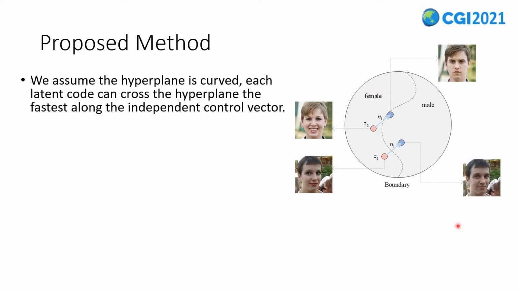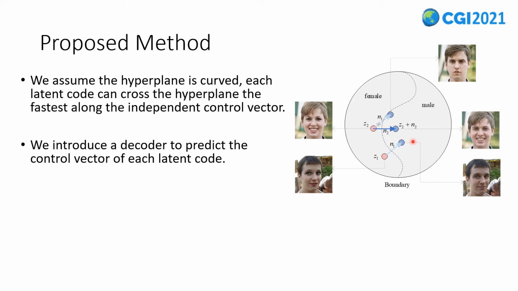For example, the latent code Z1 along M1 can cross the attribute boundary fastest. But for Z2, the direction of M1 is not the optimal choice. Along N2 it can cross the attribute boundary faster, so the modification is more accurate.